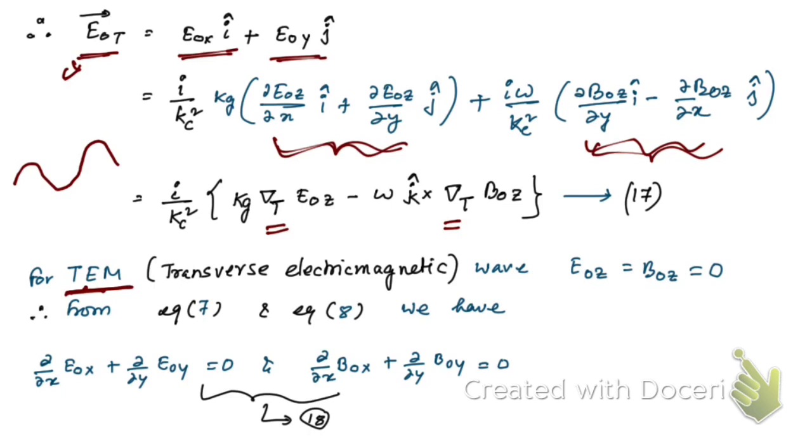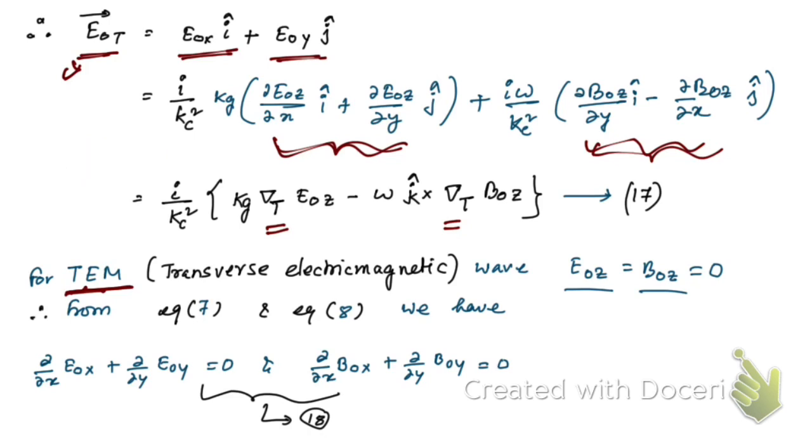If the wave is propagating along the z-axis, the amplitude cannot be along the z-axis, it may be along x and y. So this amplitude can have x and y components, but cannot have a z component while it is moving along the z-axis, right?